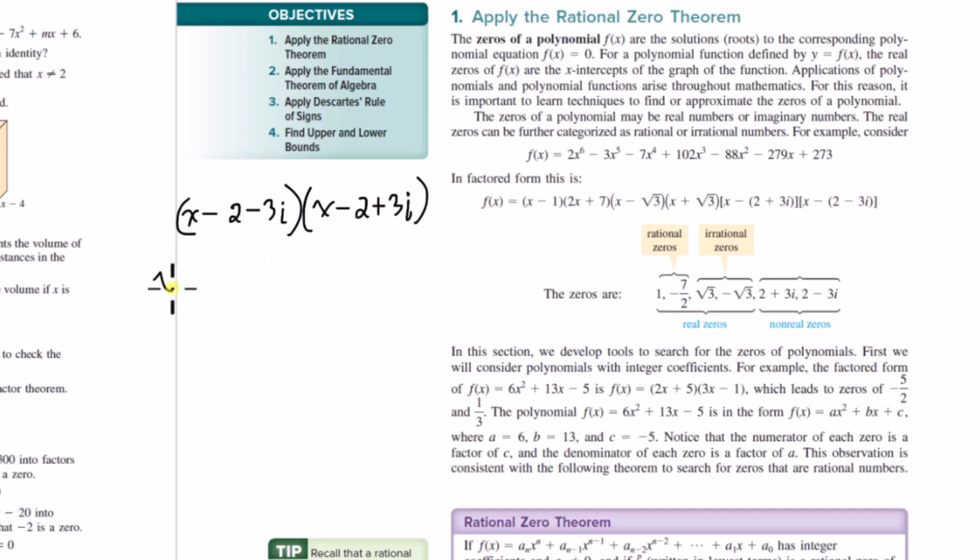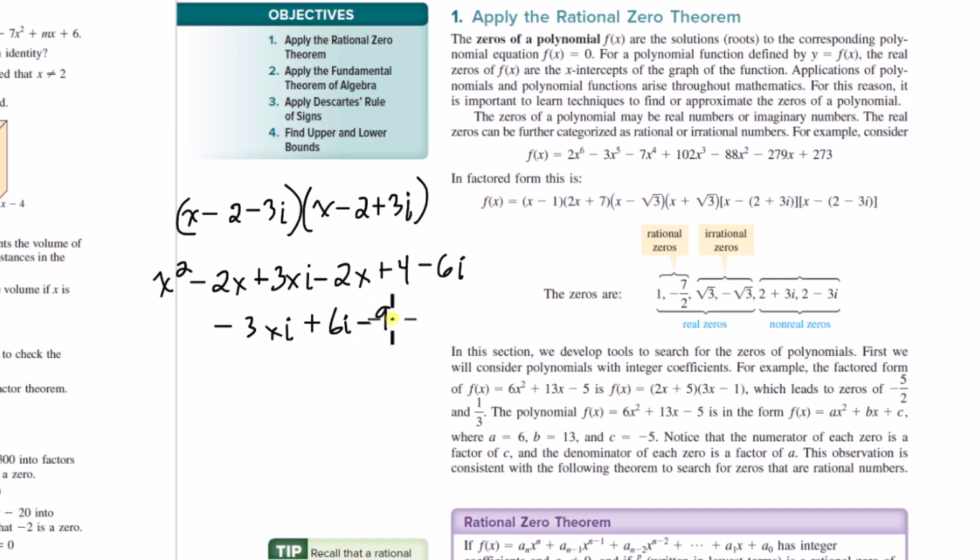Okay, so let's multiply these together. So x squared minus 2x plus 3xi minus 2x plus 4 minus 6i minus 3xi plus 6i minus 9i squared.